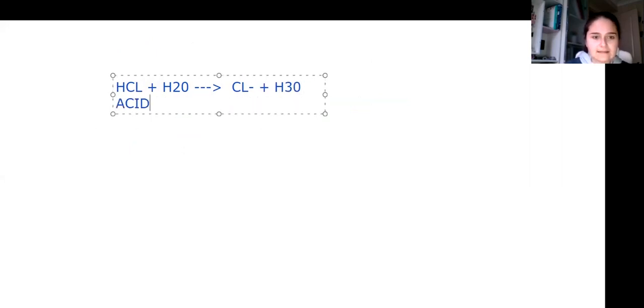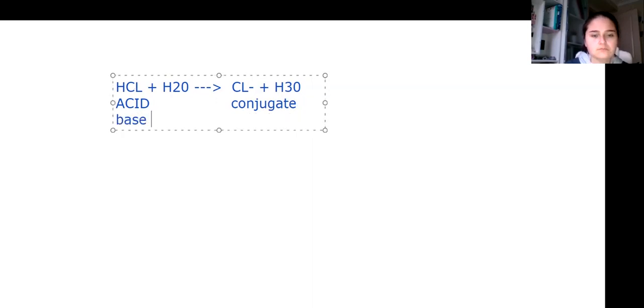So we've got HCl, we've got H2O. We're gonna get our products of Cl minus, and we're also gonna get a hydronium ion. We quickly agreed that HCl is an acid, and its product is Cl minus, which is going to be its conjugate base. And then the other one's the base, which turns into a conjugate acid.